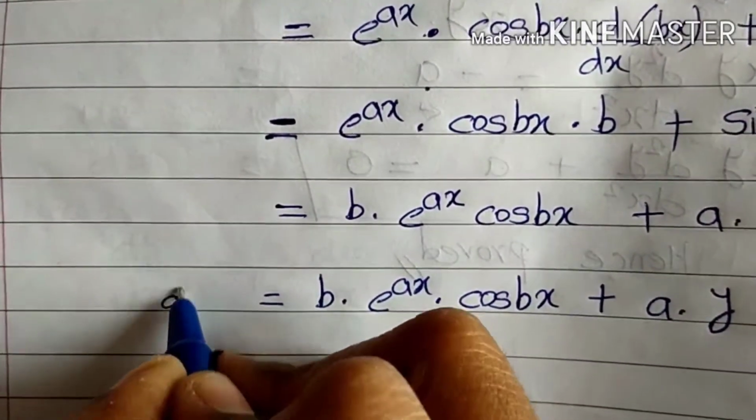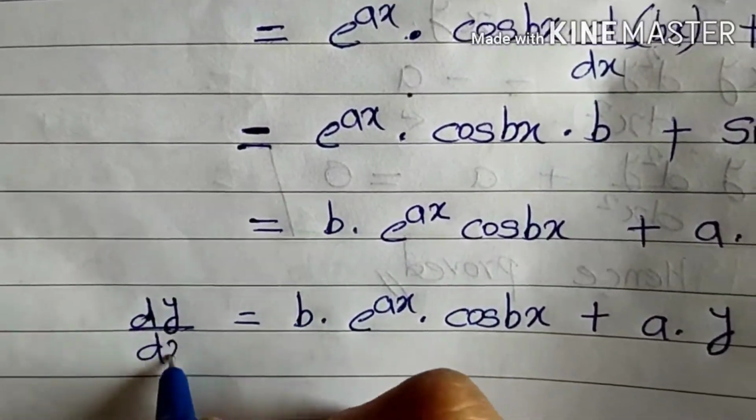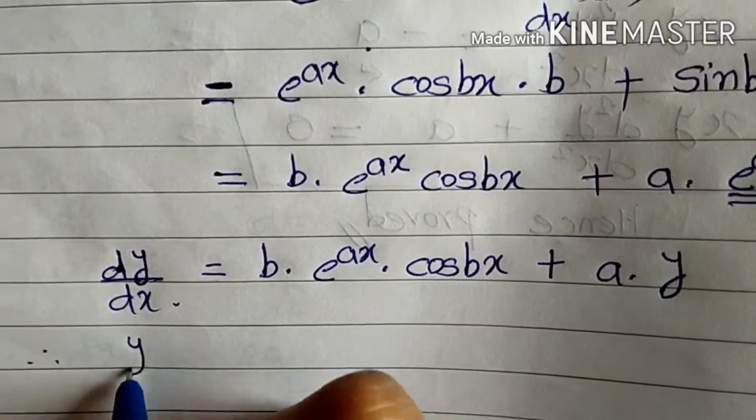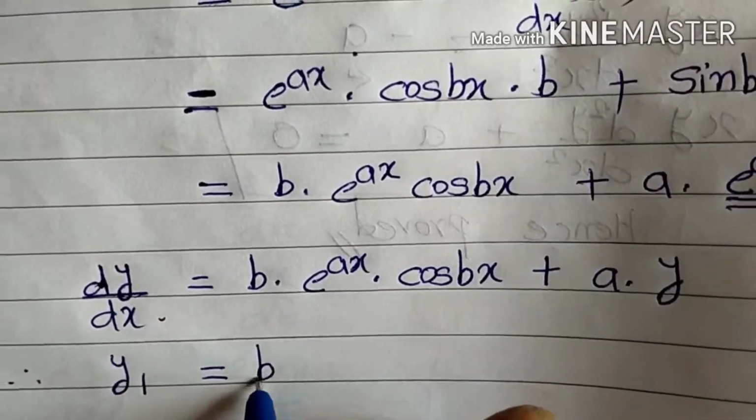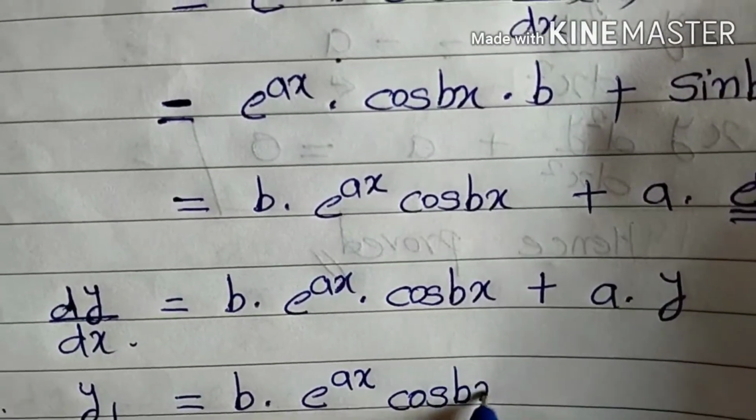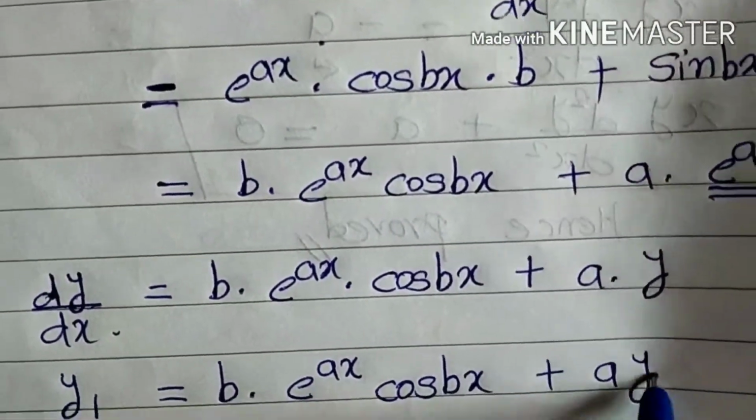Now this is dy by dx, you can write here y1. Therefore y1 is equal to b into e raised to ax cos bx plus a into y.